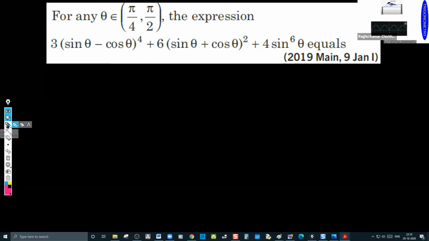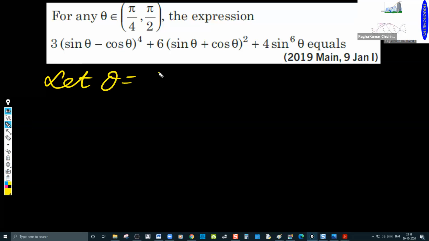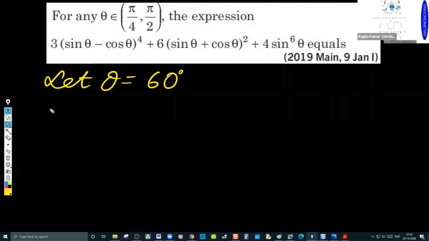Tell me one value, please. 60. The options are not given; this is a recent JEE Main examination previous question. 60 you can give. Theta is equal to 60 degrees.